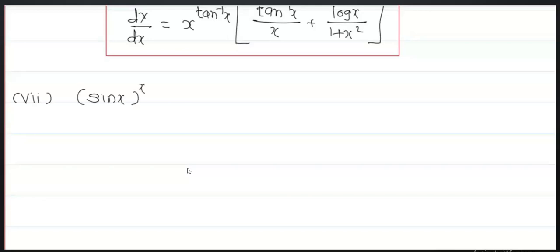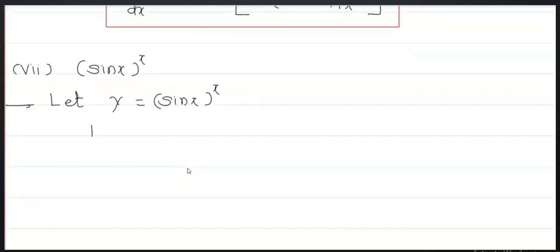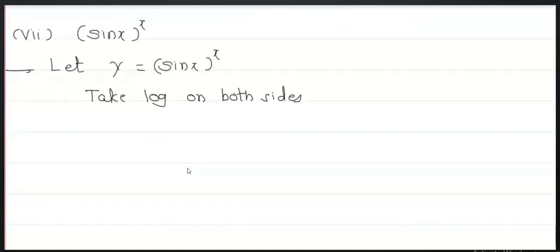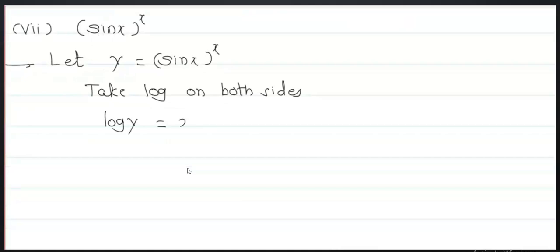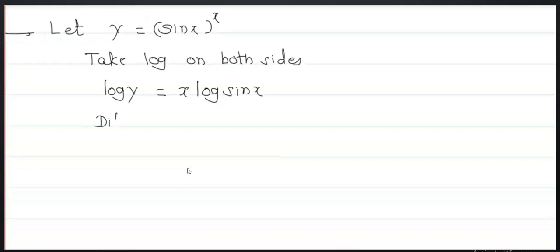Now the seventh one, sin x raised to x. y is equal to sin x raised to x. Take log on both sides. Therefore, you will get log of y is equal to x log of sin x. Differentiate this with respect to x. That is 1 upon y.